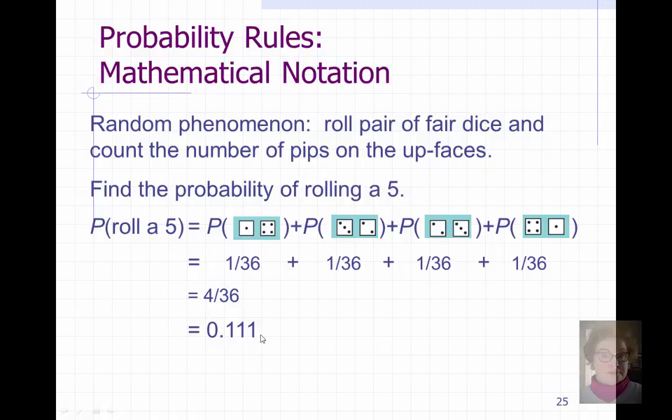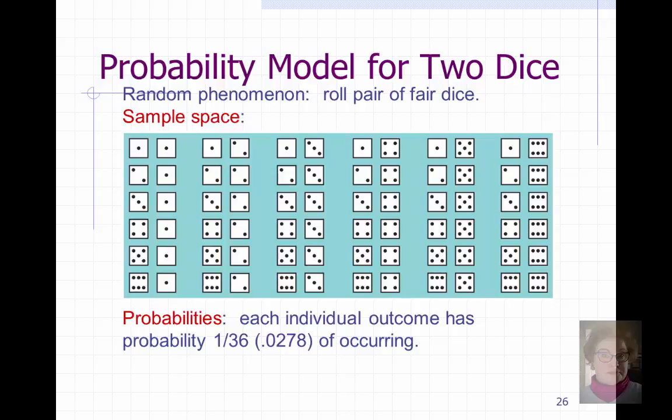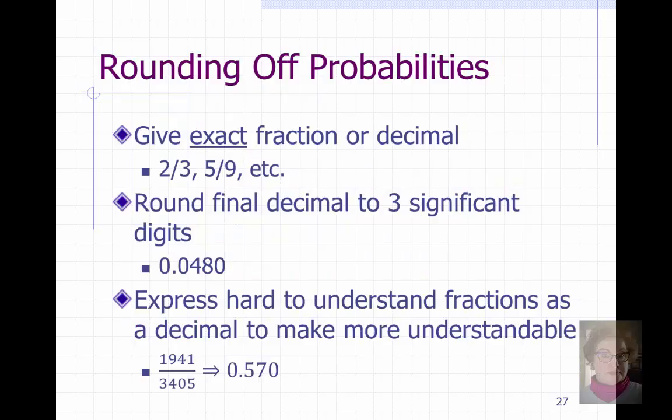as 0.111. Now when we write these as a decimal, we're going to write our decimals with 3 significant digits, and we'll talk about that in a minute. So when we round off probabilities, we're either going to give the exact fraction or a decimal if it comes out to be a terminating decimal.